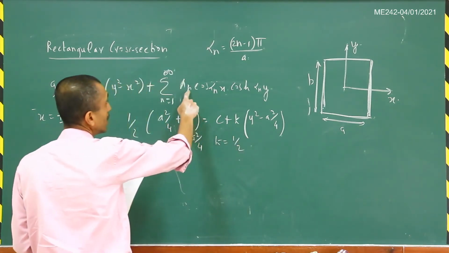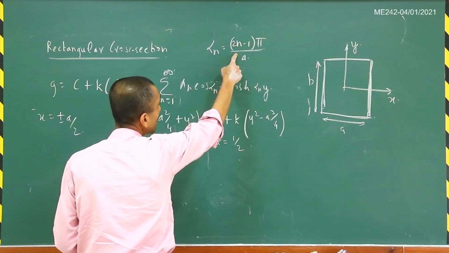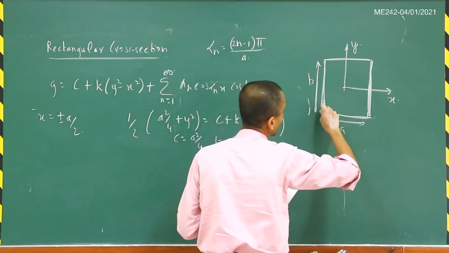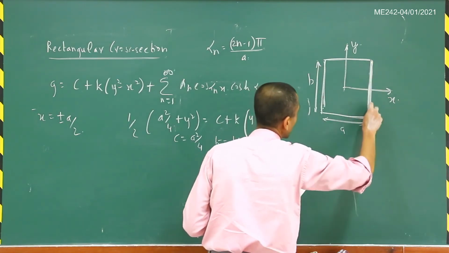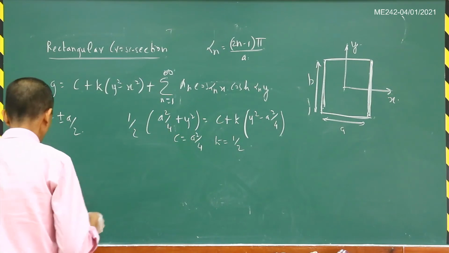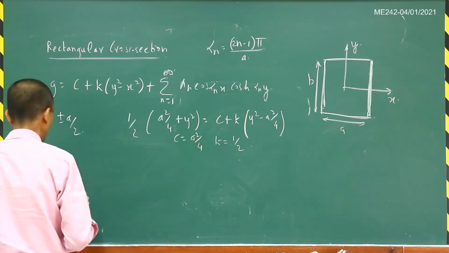So this part is not playing any role, because we have chosen the alpha n such that that is equal to 0 on the edges, x equal to minus a by 2 and x equal to plus a by 2. Okay. Then once we find out this c and k, now we use the other edge.